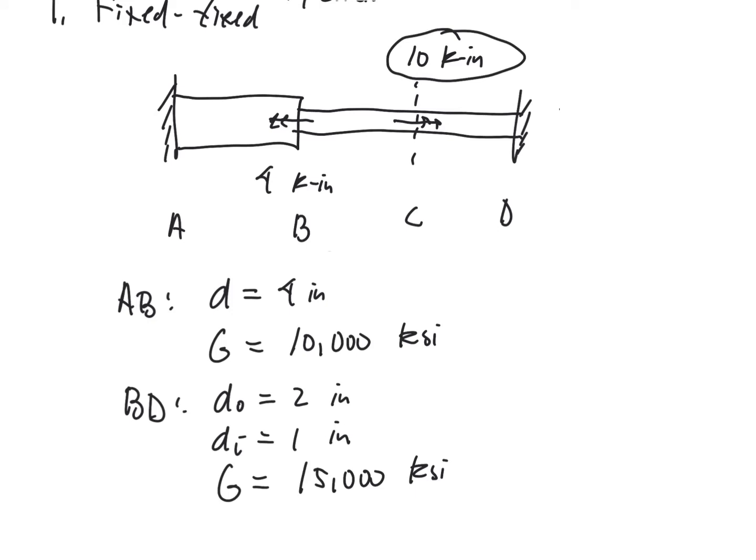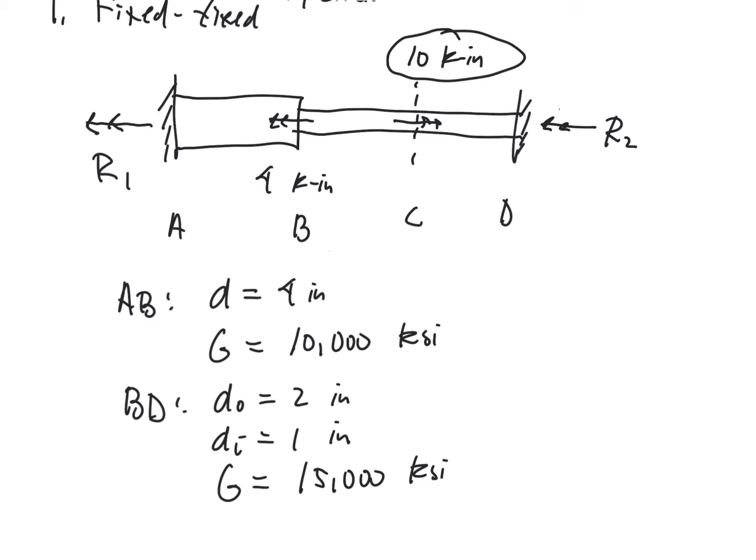Now, as we know from our experience in dealing with the axial bar, the primary unknowns in terms of statics are going to be the two reaction values. So what we're going to do is the same thing that we did earlier. I'm going to go ahead and write my reaction at the left-hand end, and I'm going to draw it to the left. So I'll call that R1. The other reaction isn't as important, but we might as well put them in the same direction. So we'll call that R2.